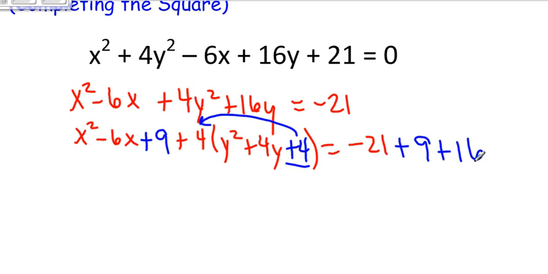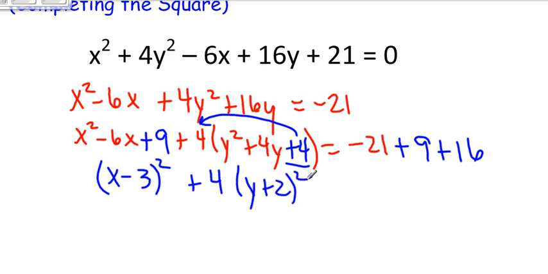Okay, so we're going to continue here and we factor this piece and we get (x minus 3) squared. Remember, I just took my middle term and divided it by 2. Then we're going to add, keeping the 4 in front, (y plus 2) squared equals negative 21 plus 9 plus 16, which will give us 4.